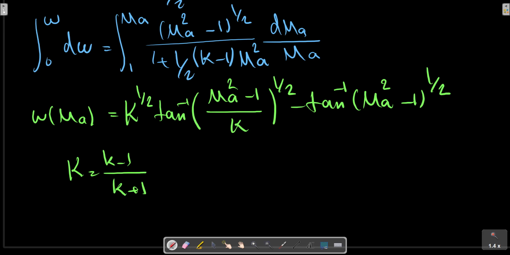This is the Prandtl-Meyer supersonic expansion function.